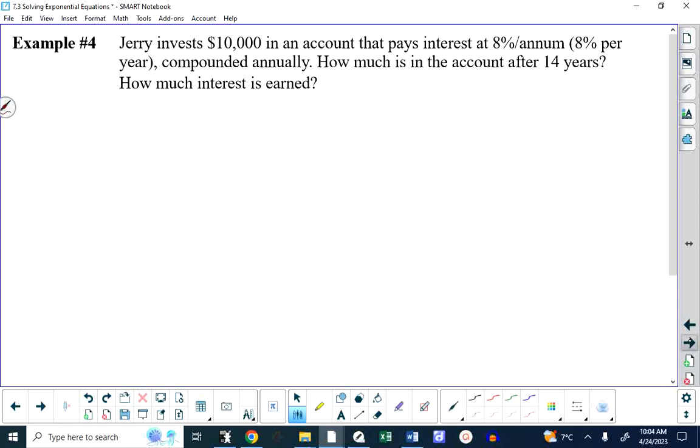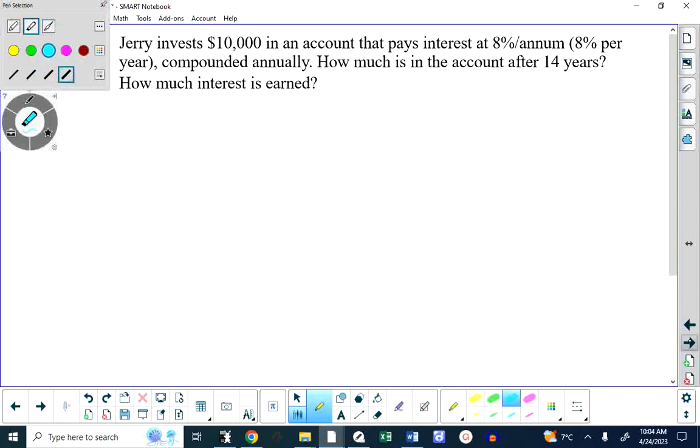So let's take a look at this example. Jerry invests $10,000 in an account that pays 8% per annum. The word annum means annual or year. From now on, if you see the word annum, it means yearly. It's compounded annually. What does that mean?